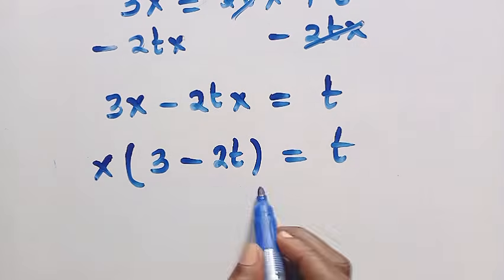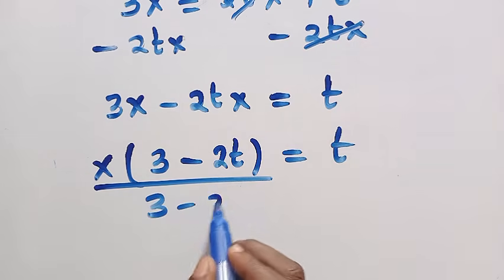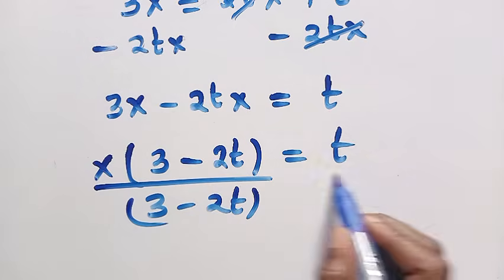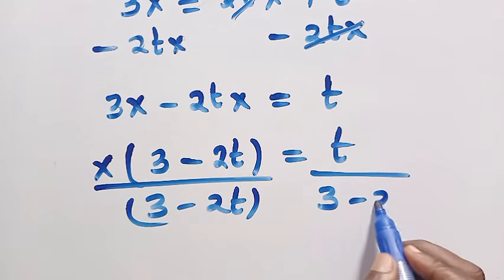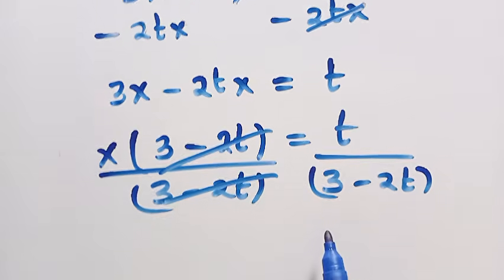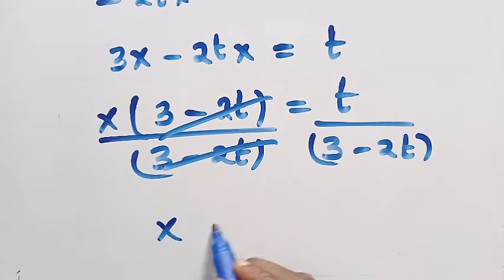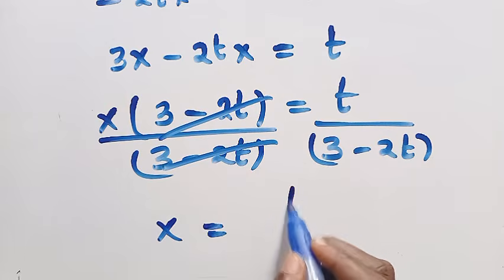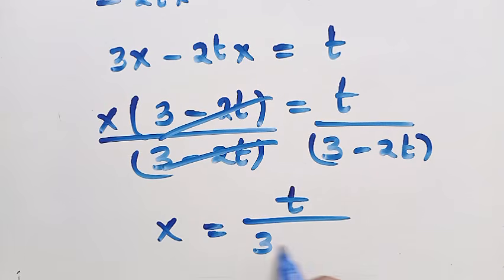By dividing both sides by 3 minus 2t, this cancels, and we have successfully made x the subject of the formula, which equals t divided by 3 minus 2t. So this is the value of x. Then let's come back to the given function and replace every single x with t divided by 3 minus 2t.